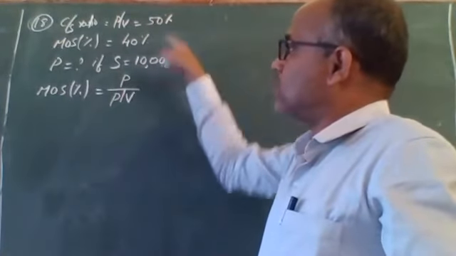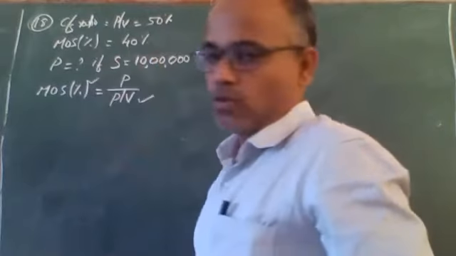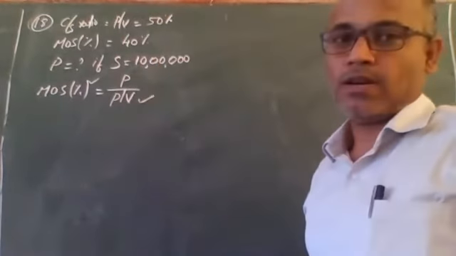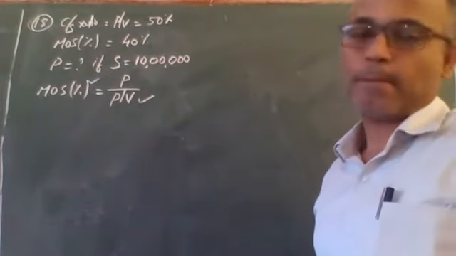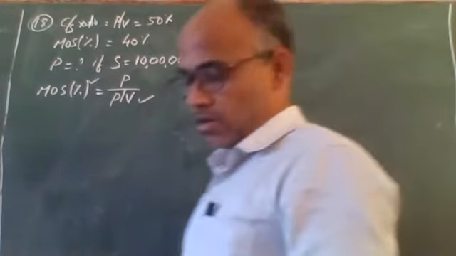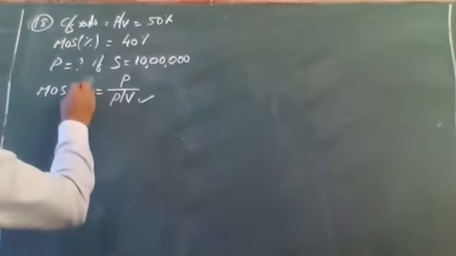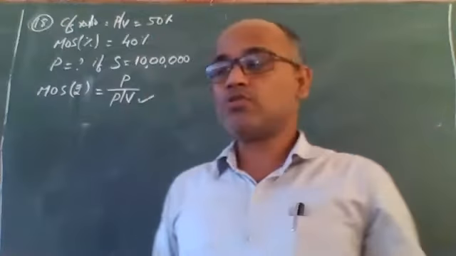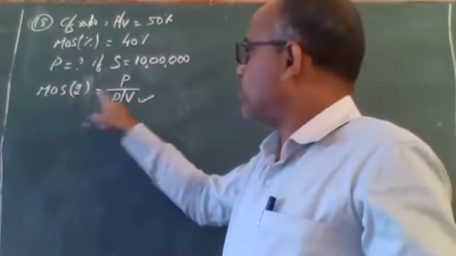PV ratio we know, MOS percentage also we know. So can't we find out the profit? The answer is no. This is the formula for MOS rupees: profit by PV ratio.